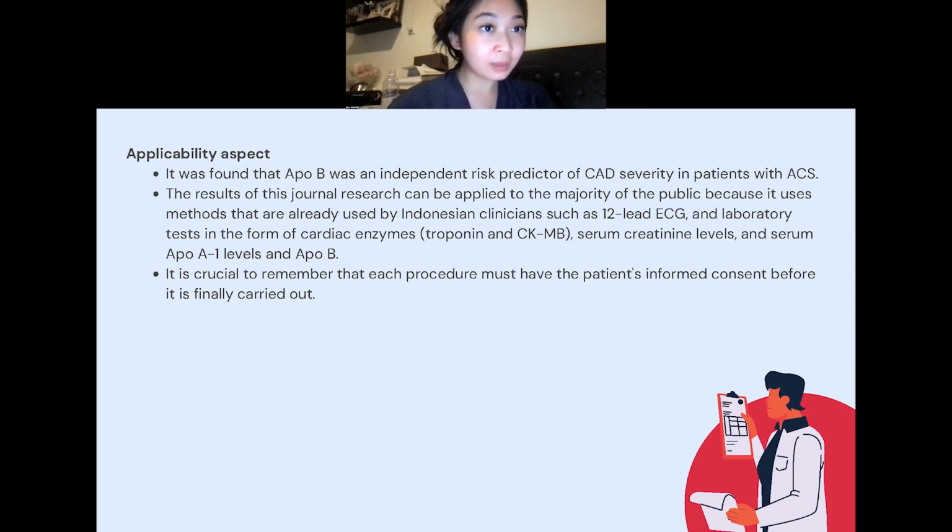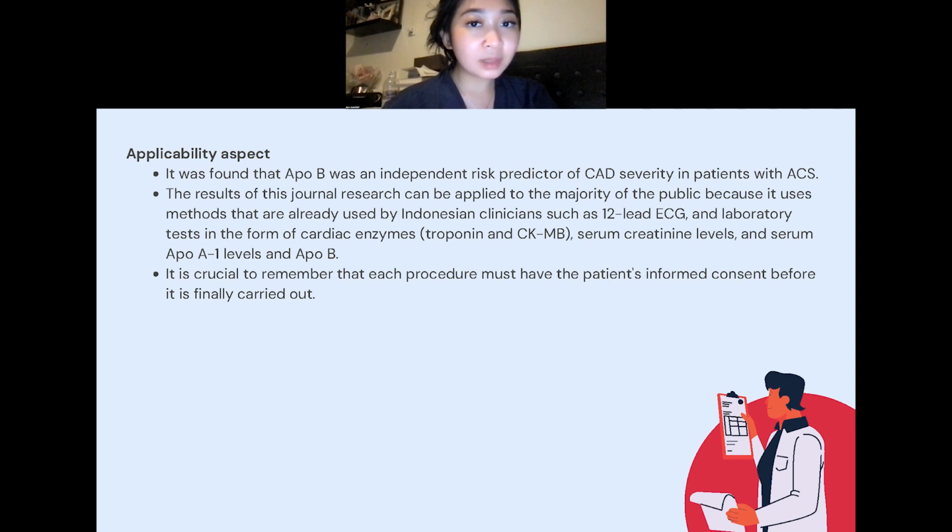For the applicability aspect of this journal, it was found that APOB was an independent risk predictor of CAD severity in patients with ACS. The results of this journal research can be applied to the majority of the public because it uses methods that are already used by Indonesian clinicians or physicians, such as 12-lead ECG and laboratory tests in the form of cardiac enzymes, including troponin and CKMB.